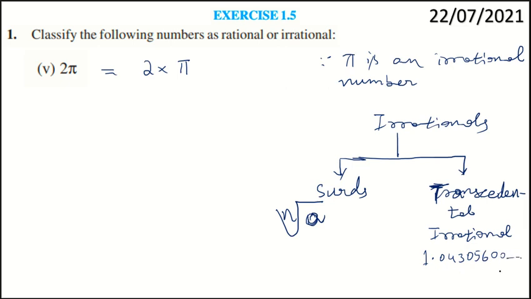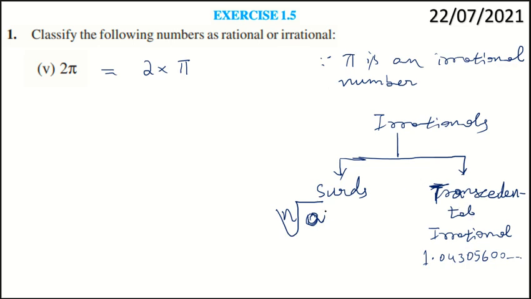In this decimal expansion, it is neither terminating nor recurring. Such a number cannot be converted into a surd, but surds can be converted into these non-terminating, non-recurring decimal numbers. The numbers given in decimal form that are non-terminating and non-recurring are basically called transcendental irrational numbers.